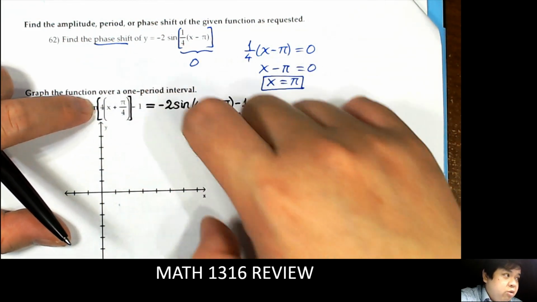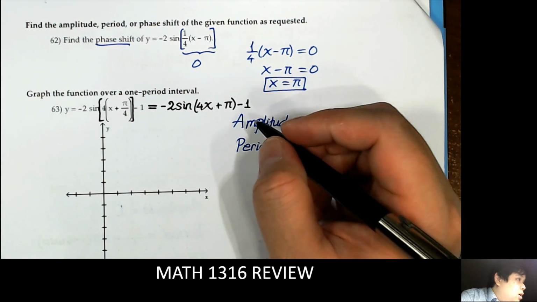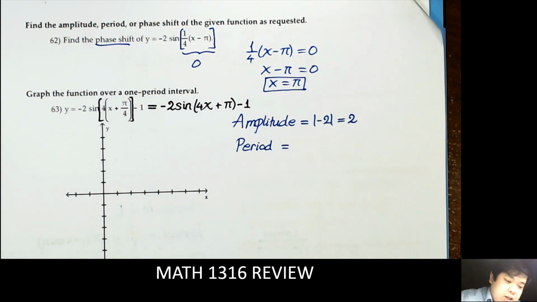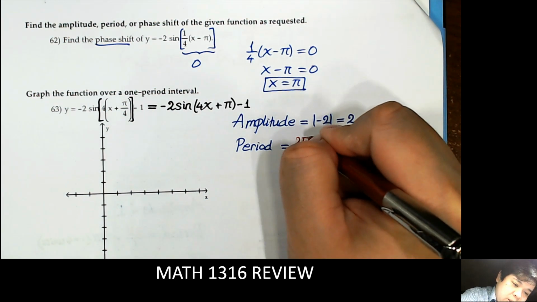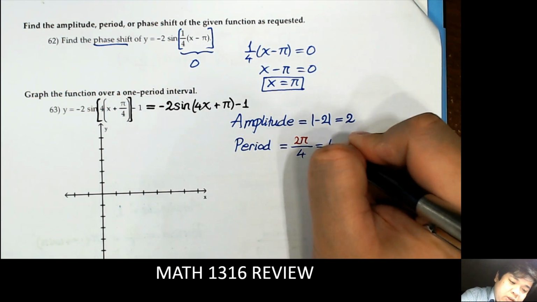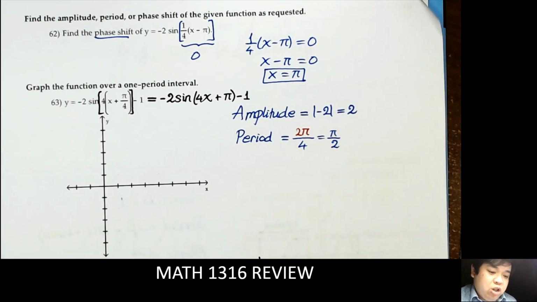So we're going to multiply the 4 inside. And that's what we have. So the period is, by default, 2 pi divided by the coefficient of x, which is 4, so pi over 2. On this one we have the blank graph, which is good. We can choose the unit whatever we want.